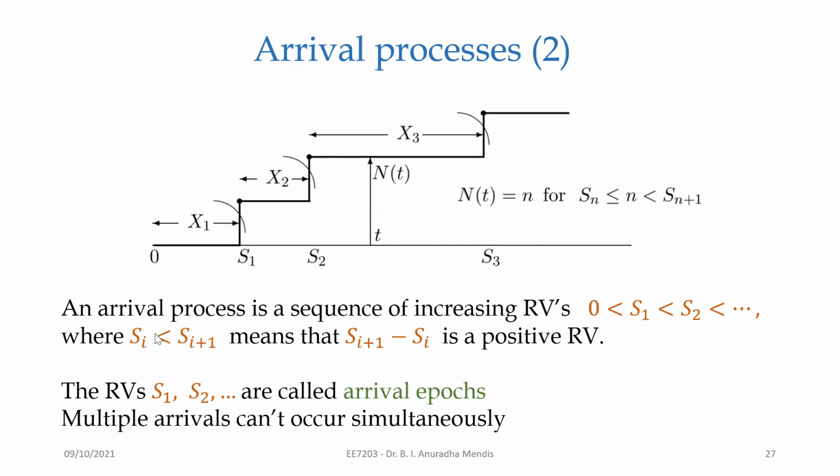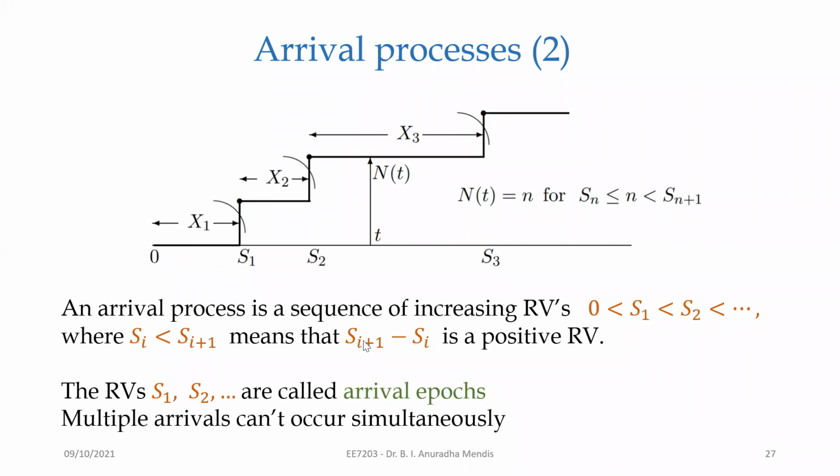So that means S_(i+1) minus S_i represents the interarrival time. You can see the (i+1)th arrival happened at this time, and this is the previous arrival.